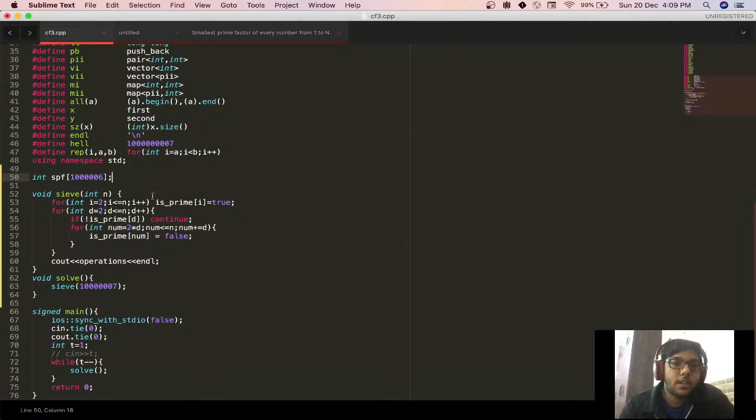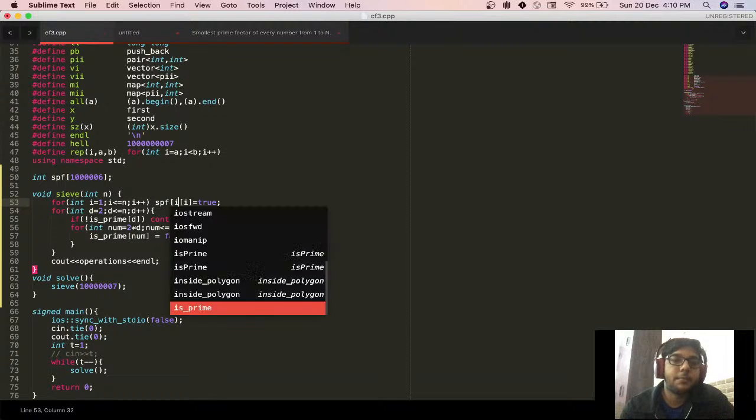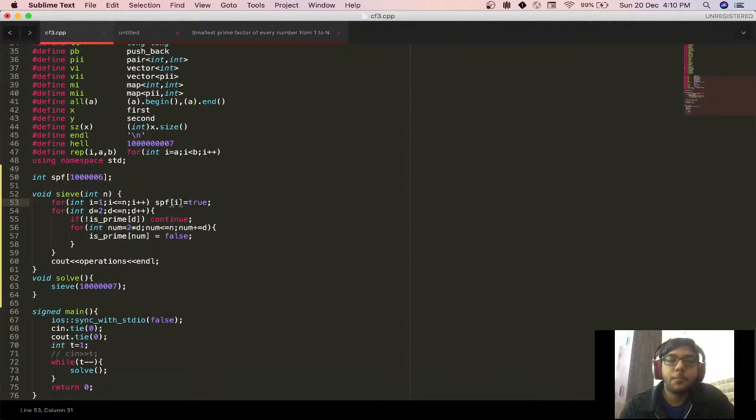Initially, for every number, let us say that their smallest prime factor is themselves, because in the sieve initially we assume that everyone is prime. So if we assume everyone is prime, the smallest prime factor of them would be themselves only. So this is the assumption part. We are assuming that I am prime and I am myself the smallest prime factor. So I am assigning like this.